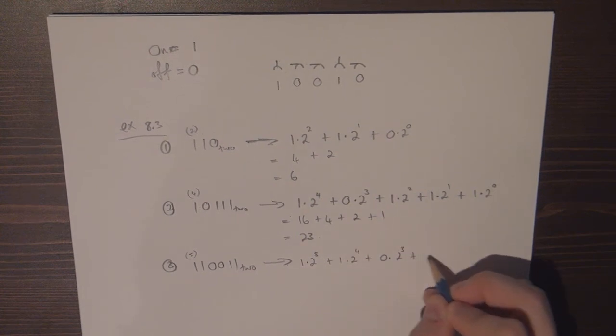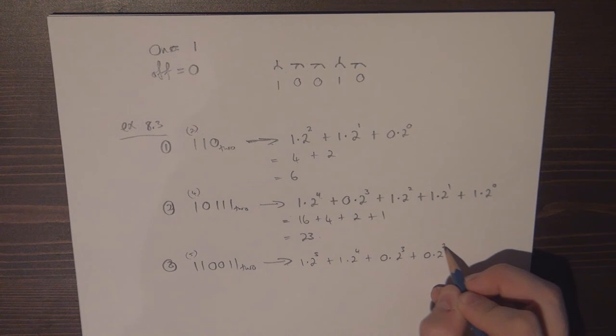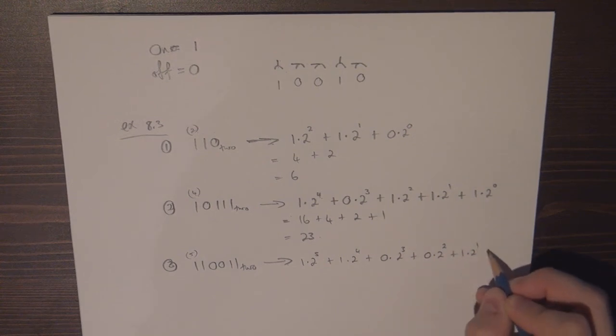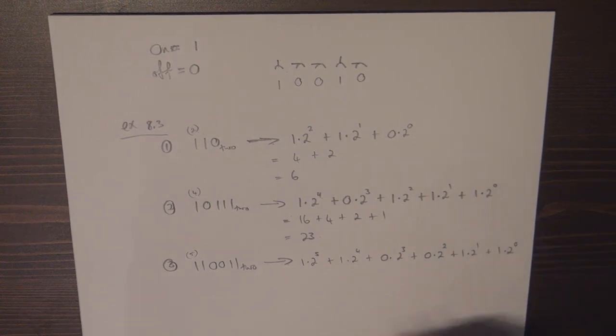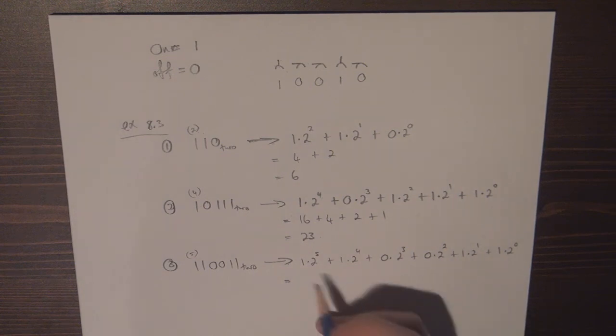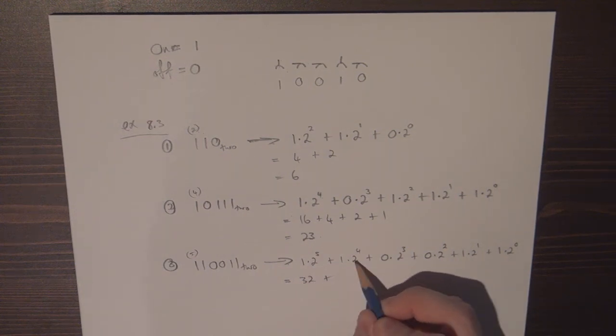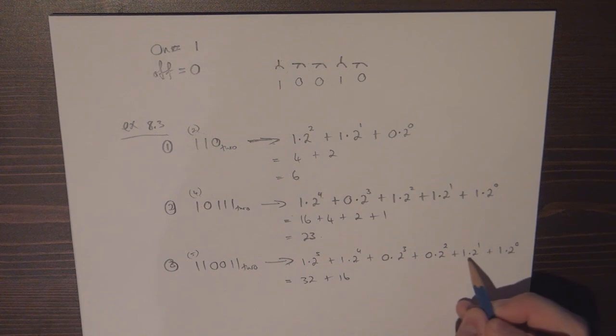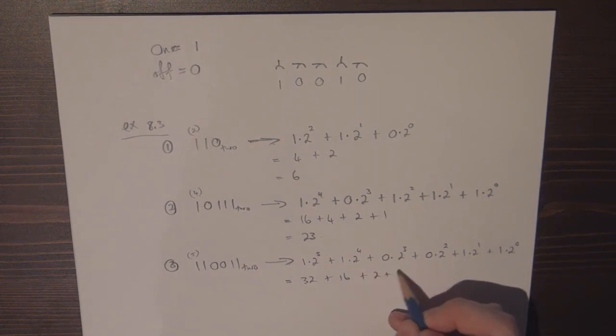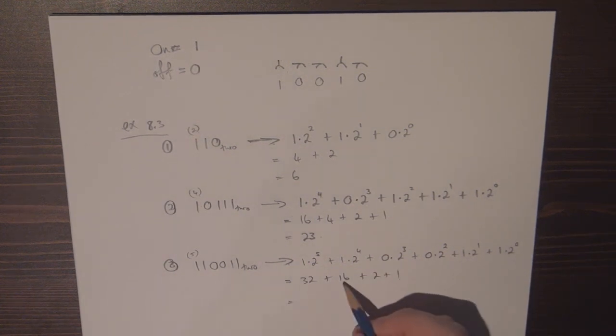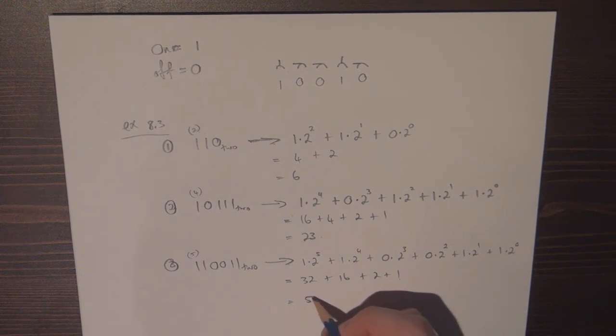Then no 2 cubes, no 2 squareds, a 2 to the 1, and a 2 to the 0. So I have 32, 16, 2 and 1. So it's 48 and 51.